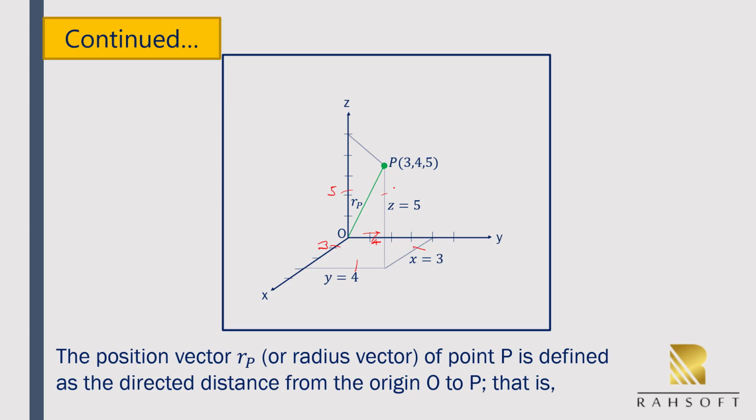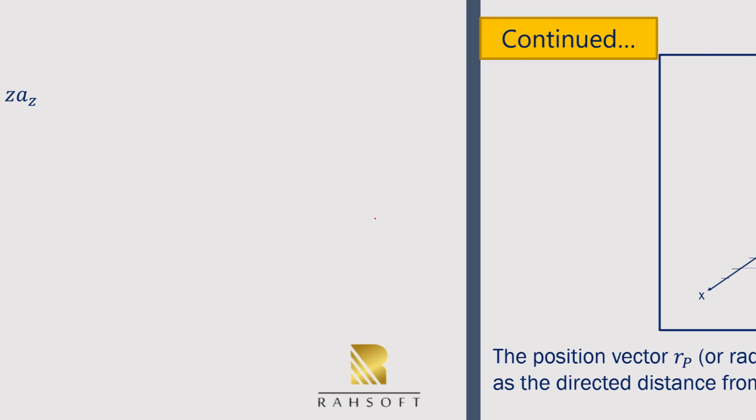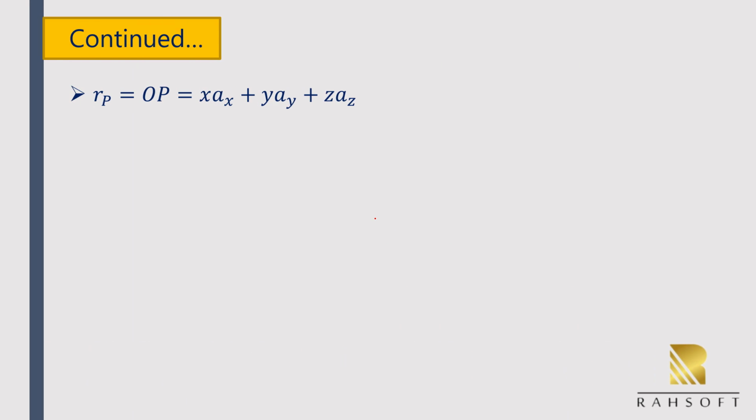The position vector rp is defined as the directed distance from the origin O to P. So you can calculate 3 minus 0, 4 minus 0, 5 minus 0, as we have already understood how to calculate distance in vector analysis. So here rp equals x ax plus y ay plus z az.